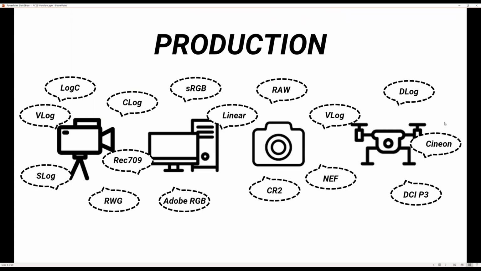And now the case is like this. Sometimes when we are in the productions or in the post-productions, we are not just dealing with one type of footage. Sometimes when we are working with multiple cameras, and also if we include VFX in our project, there are plenty of color science and color spaces that we have to deal with, right?